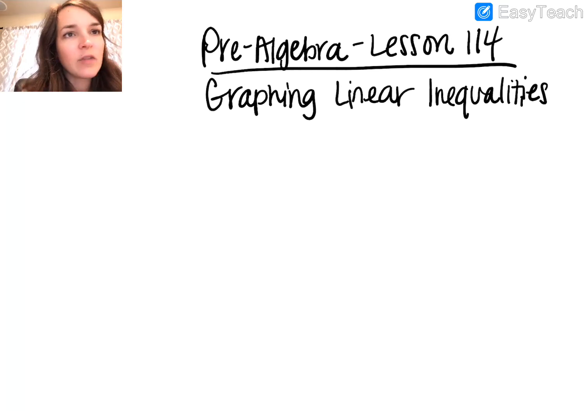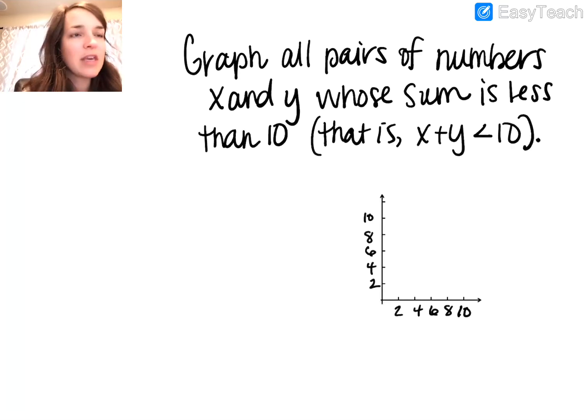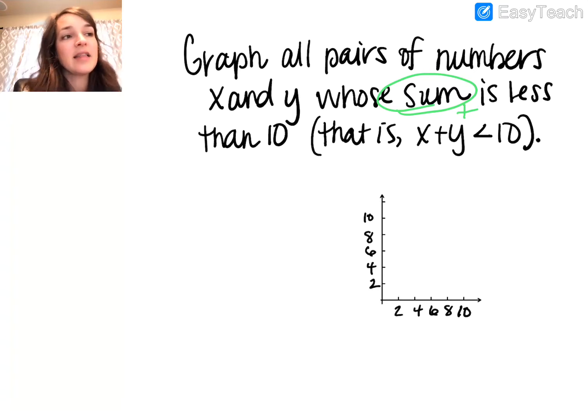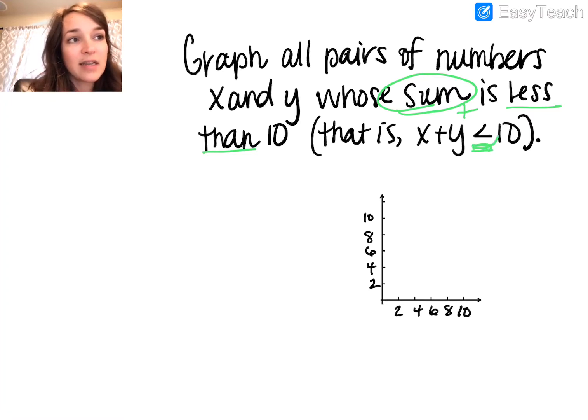So we are going to look at graphing a line on the coordinate plane. We've talked about graphing inequalities on a number line so far. This is going to be graphing them on the coordinate plane. So when we're asked to graph all pairs of numbers x and y whose sum, remember sum is an operation word that tells us add, whose sum is less than 10, then "less than" is important because that tells us what our inequality sign is going to be.